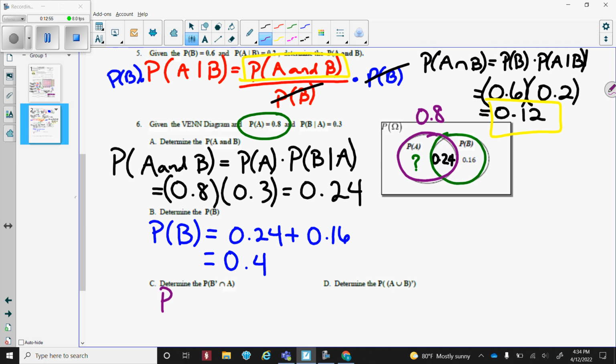So my probability of not B and A is equal to 0.8 minus 0.24. So my missing number there is going to end up being 0.56.